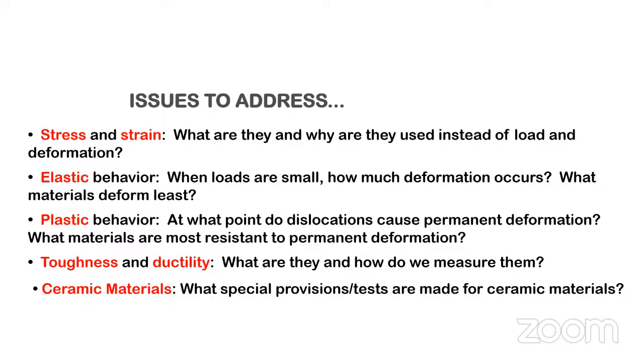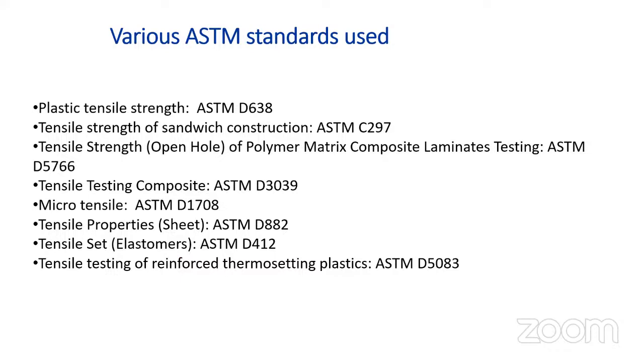All these properties of polymeric material we can study using the mechanical test, which is the tensile test. One by one we will study the parts in the next slide. In this slide we have provided some standards which we generally use to test polymeric material using tensile testing.